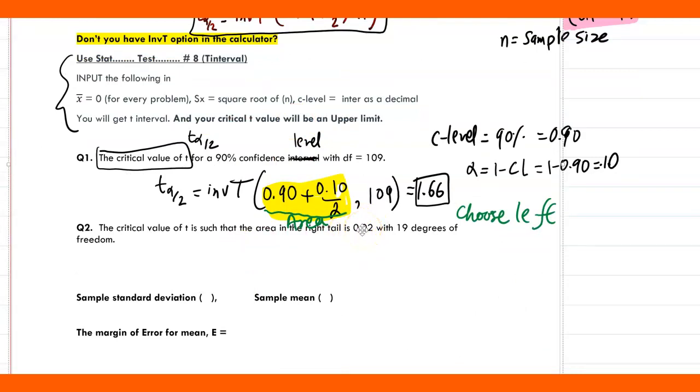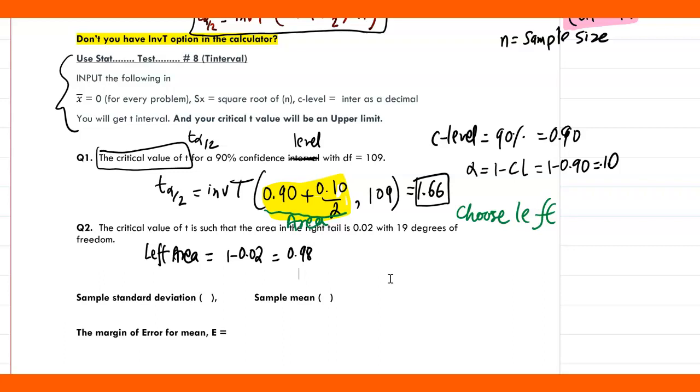If a right area is given, what do you think the left area is going to be? In this question, the left area that I need is 1 minus 0.02, which is 0.98.